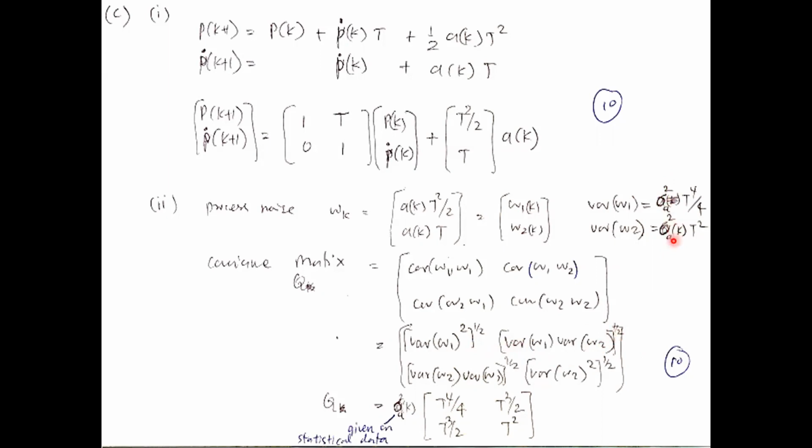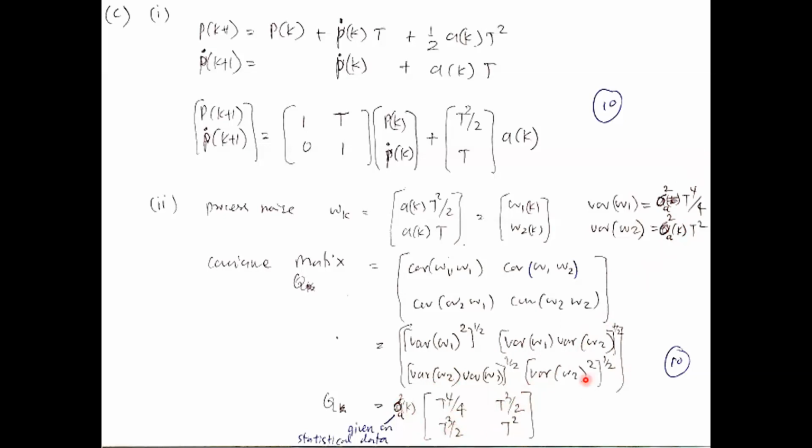When you do that, you will see sigma A square is common again. But if you look at the T terms, T to the 4 and T to the 2, when you multiply them it will be T to the 6, and the square root is T to the 3. So this is a symmetric matrix, and on the other side of the diagonal, you have the same thing.